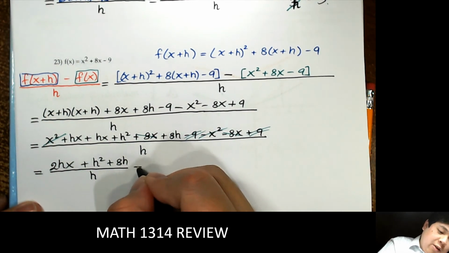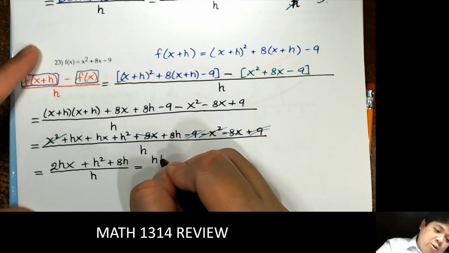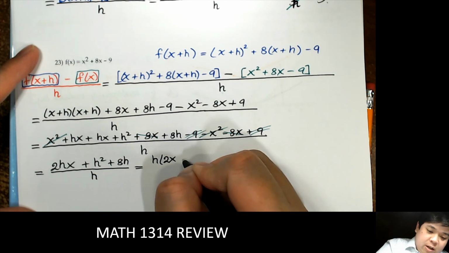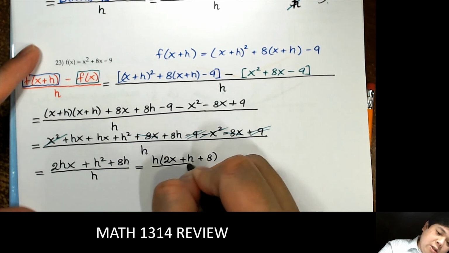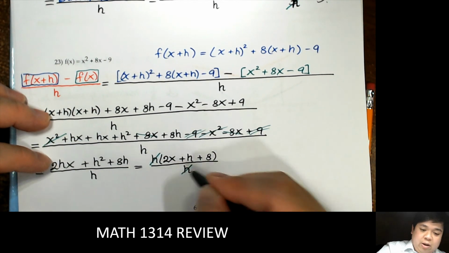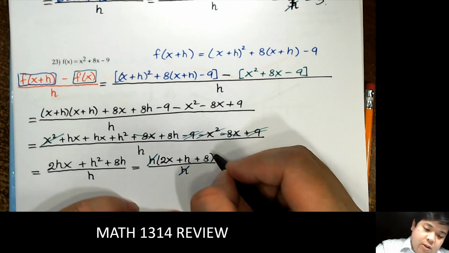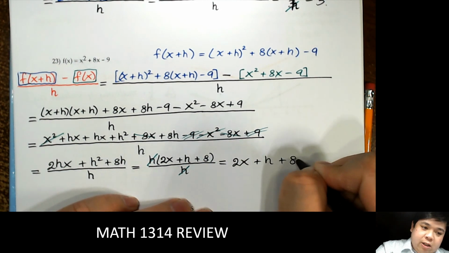Now all of them will have an h on the top, so we'll factor out h, left with 2x plus h plus a, and that cancels out. We're left with 2x plus h plus a.